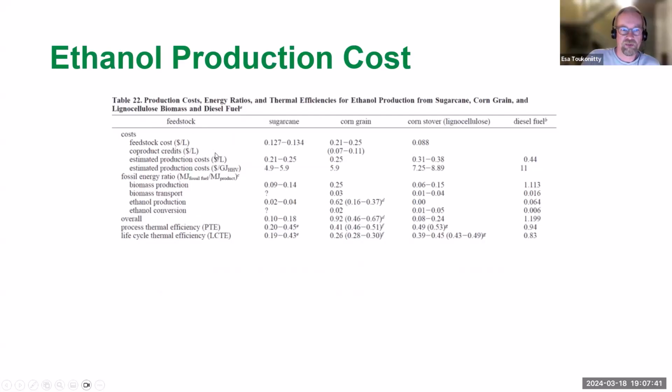This table summarizes some of the production costs in more detail. Of course, this is older material, but one gets an idea of the order of magnitude from these figures.